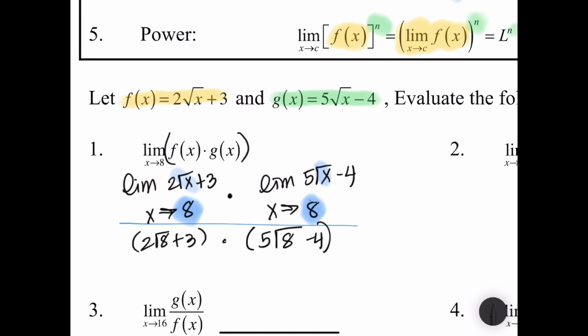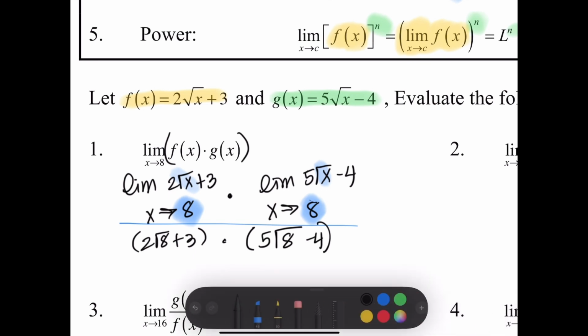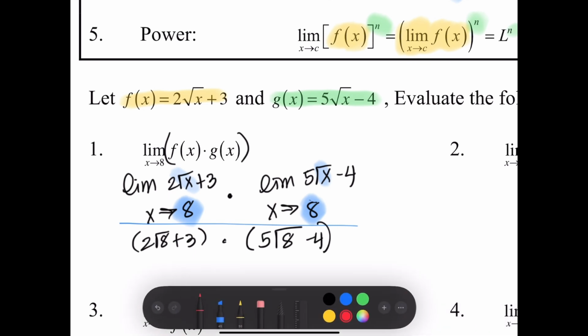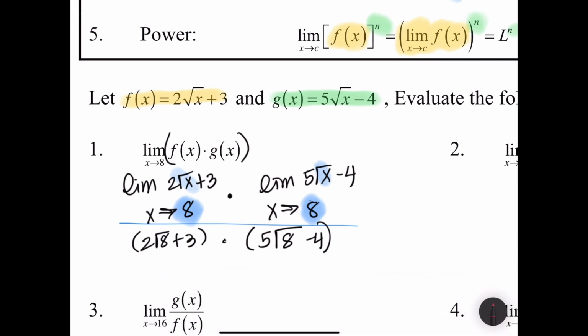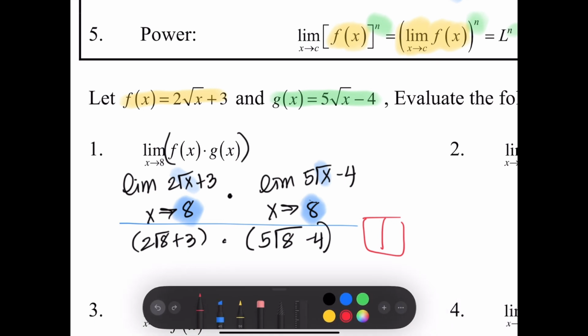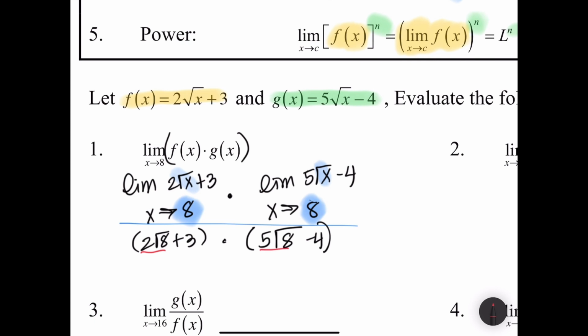And so here I have two binomials. I'm going to use FOIL or the box method to multiply. I'm going to use FOIL because I prefer FOIL, but you can also use the box method if you prefer. Okay. So FOIL, I multiply first 2 radical 8 times 5 radical 8. So 2 times 5 gives me 10.